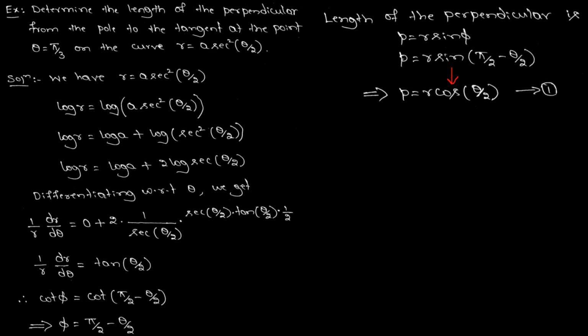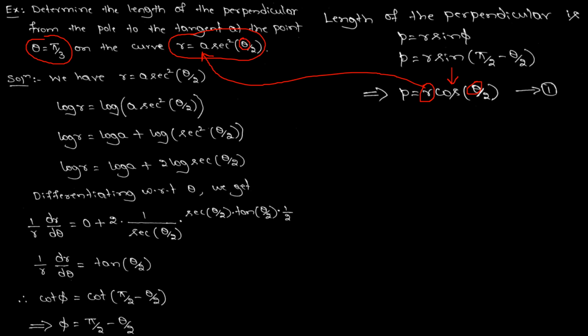Now let us find the value of P at theta is equal to pi by 3. We need to substitute theta as pi by 3. Before that, we need to find the value of r as well at theta is equal to pi by 3. How do we find it? Using the given expression for the curve. Let us substitute theta as pi by 3 here.